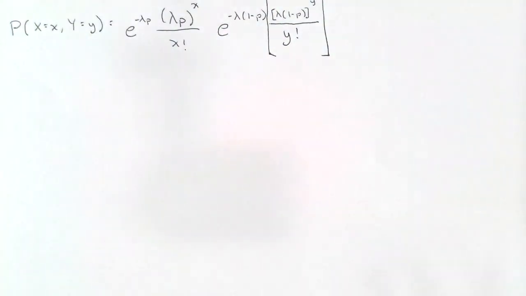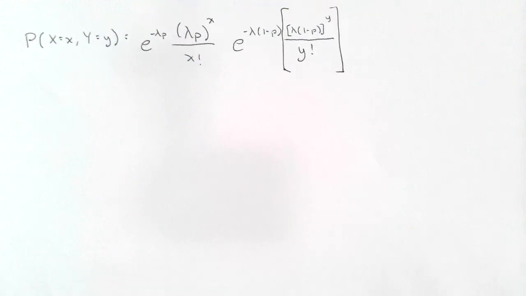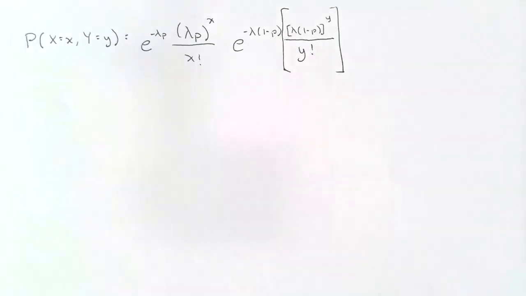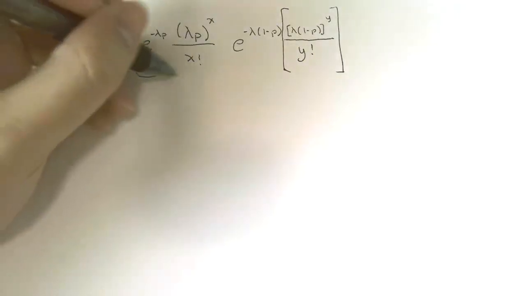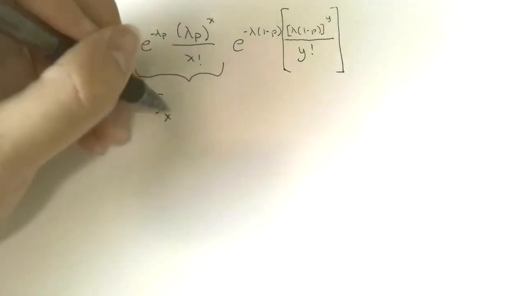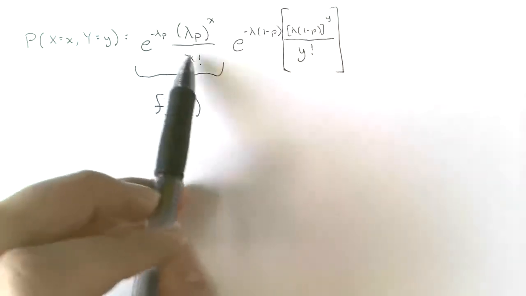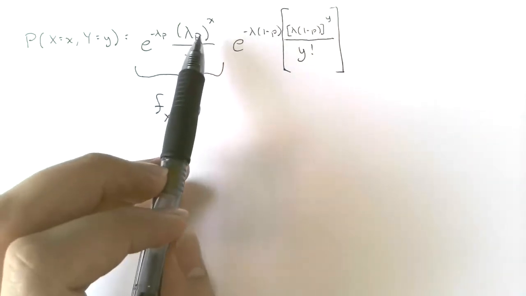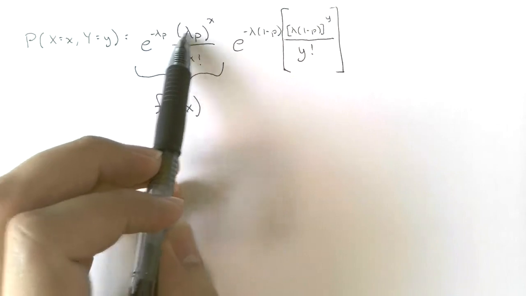And why did I want to do this? Well, look at it this way. We're looking for the joint probability of x and y. And we've noticed that this joint probability can be expressed as a function of x, because it gives me the random variable x, but it also deals with the probability of success.